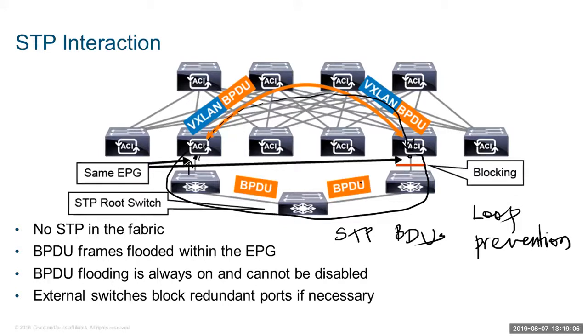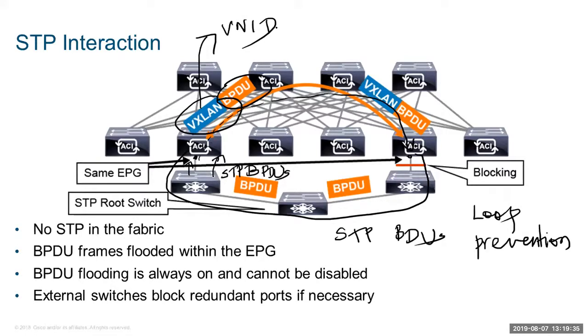Okay. So what ACI does is if it receives spanning tree BPDUs, it will propagate them to any other ports which have the same EPG. So you can see how those BPDUs are encapsulated in VXLAN. By the way, there is a field called VNID.